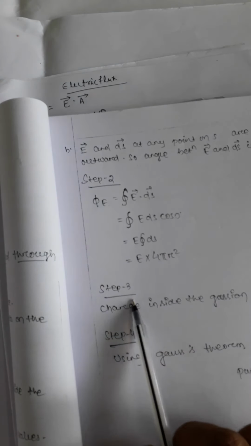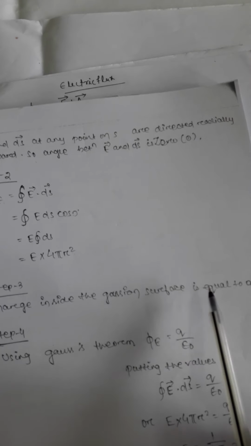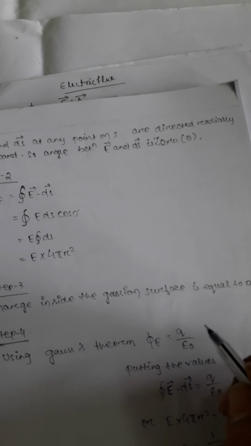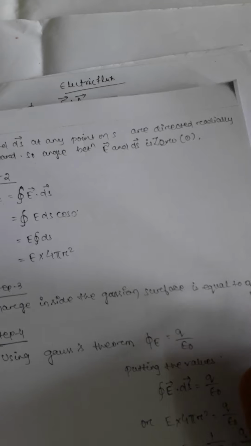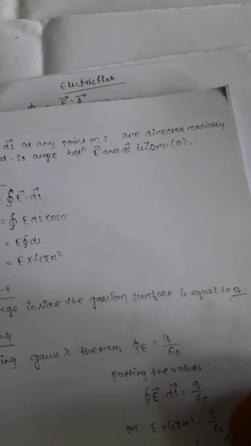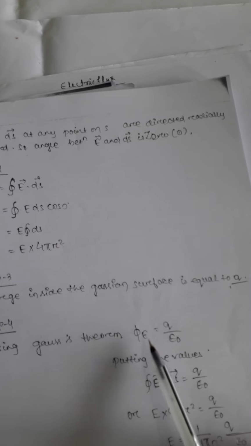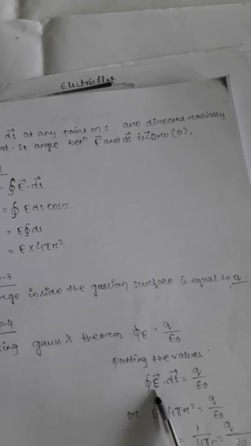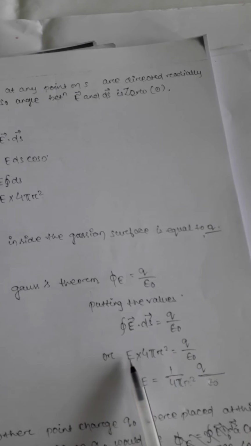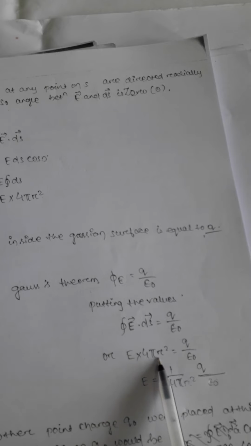In step 3 we have to mention the amount of charge, and here this is a point charge and the amount of charge is q. So finally step 4, using Gauss theorem, flux phi e is equal to q by epsilon r, and instead of phi e we can write closed integral E dS, that is q by epsilon r, or it will be E into 4 pi r square.